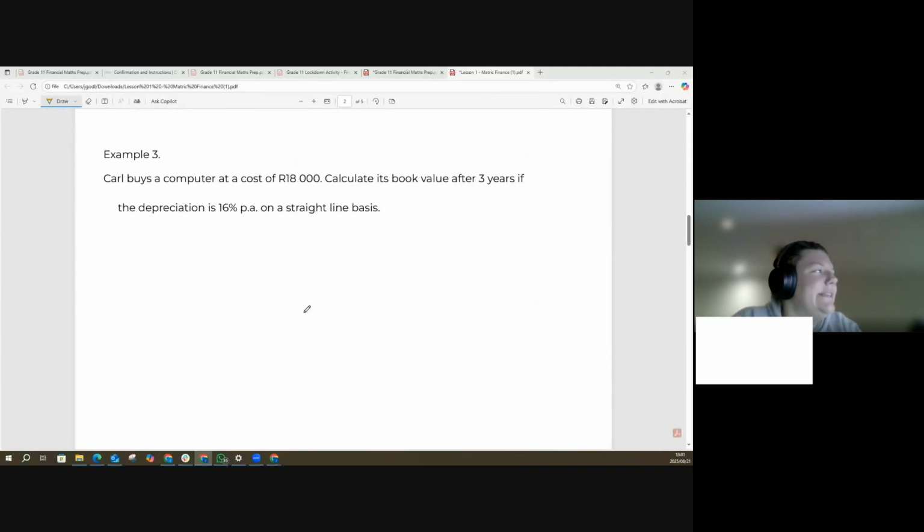Carl buys a computer at a cost of 18,000 Rand. Calculate its book value after 3 years if the depreciation is 16% per annum on a straight line basis.